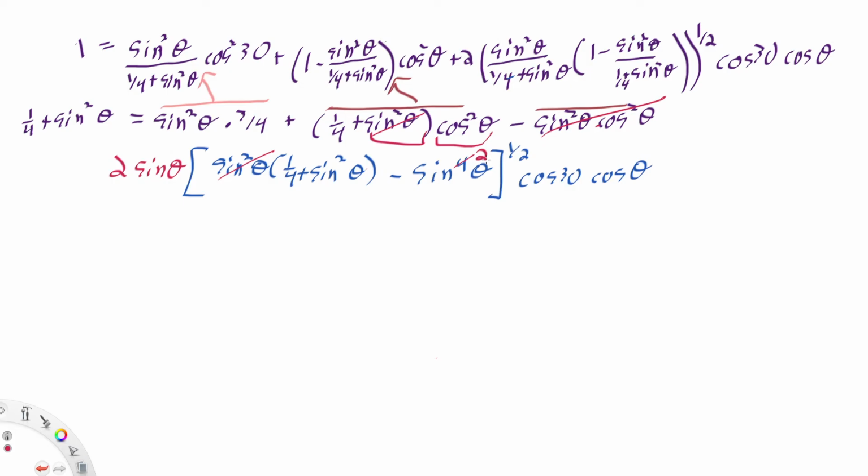And when we do that, something magical happens underneath that square root. We're left with a positive sine squared theta and a minus sine squared theta. Boom. Gone. So the only thing left inside this square root is a fourth. And square root of a fourth is a half.